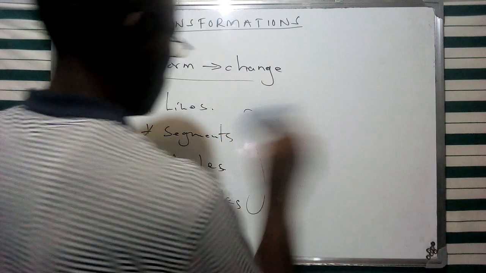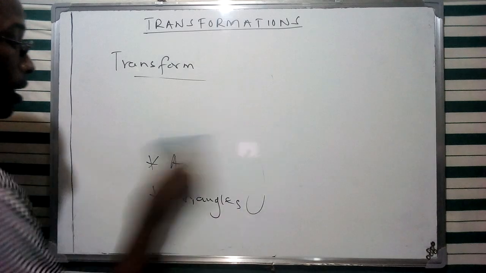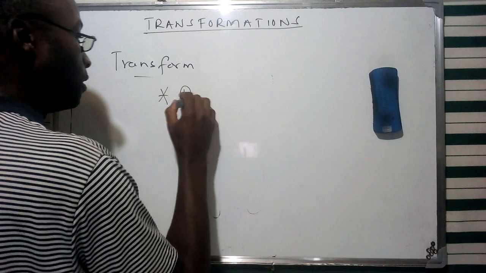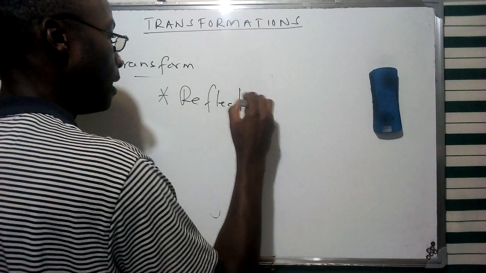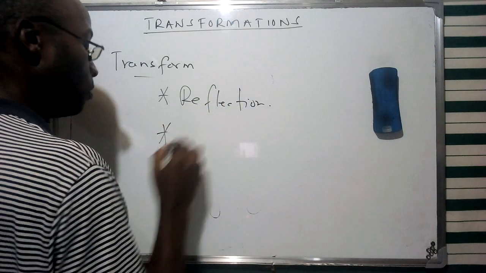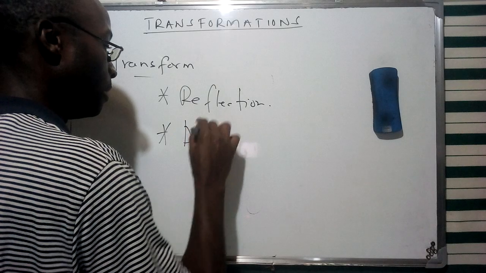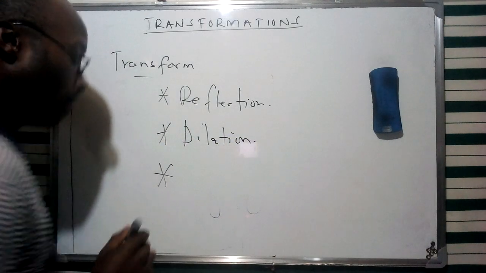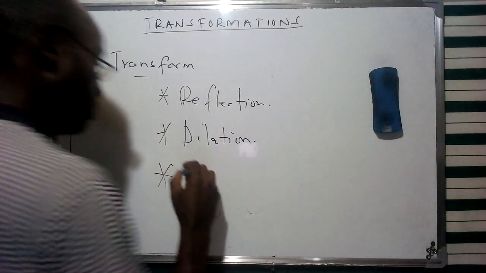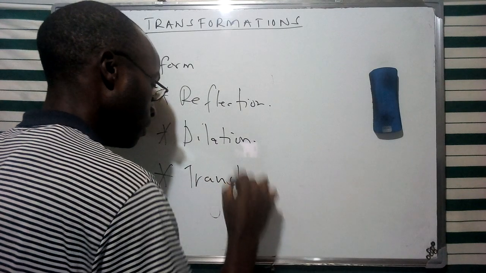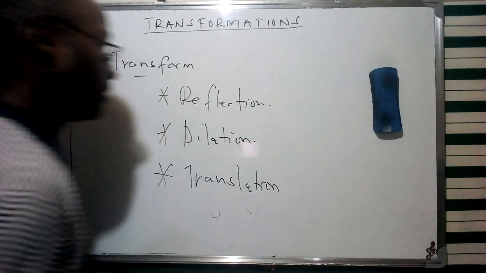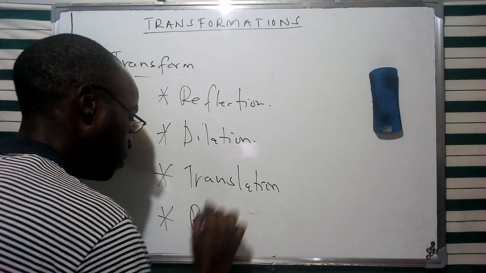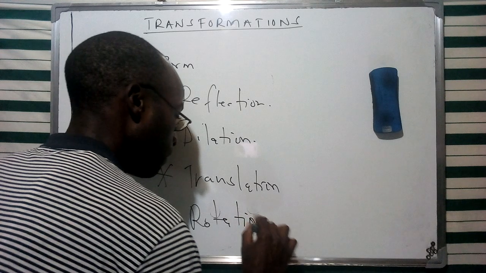These types of transformations fall under 4 categories. The first one is reflection, then another type of transformation which is referred to as dilation, then translation, and lastly rotation.